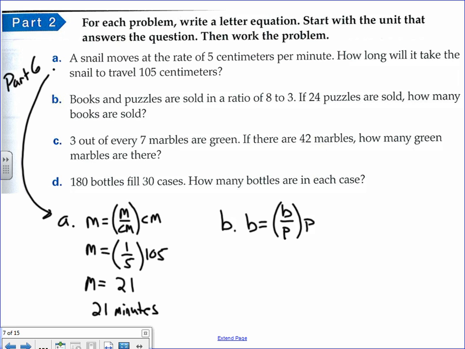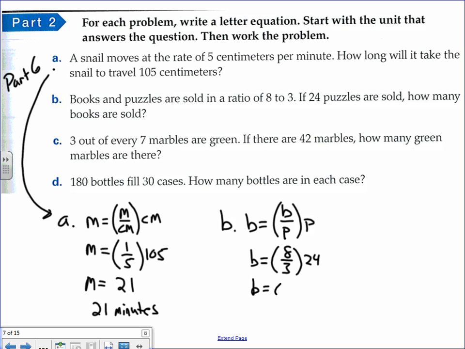It says books and puzzles are sold in a ratio of 8 to 3. So books goes with the 8, puzzles goes with the 3. So in my fraction, I'll put the 8 for books and the 3 for puzzles. And then it also tells me that there were 24 puzzles sold. So that goes outside of the parentheses. That's what we're going to multiply by. So I just need to take 8/3 times 24.